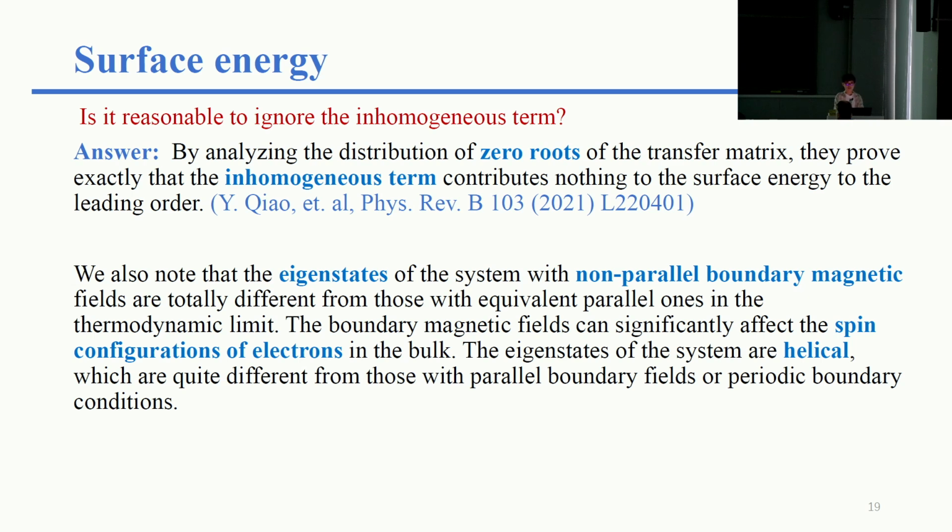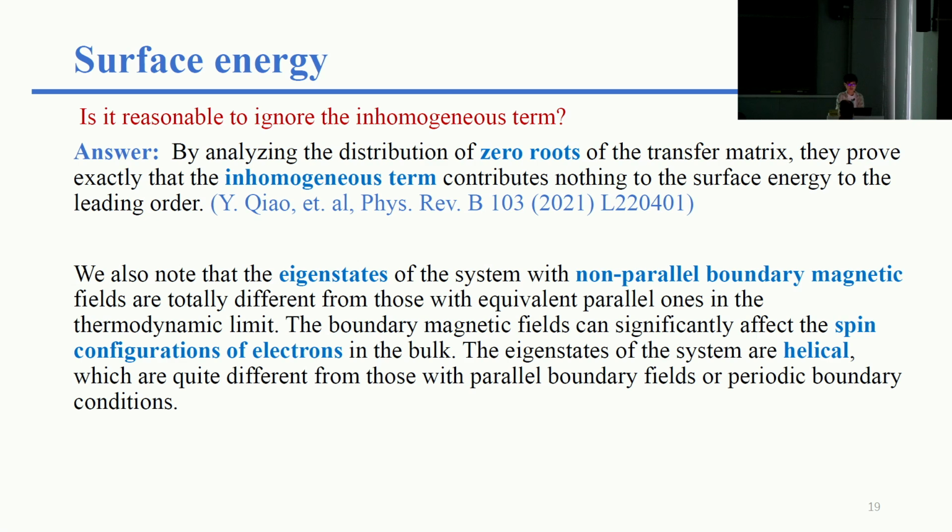And there is another question here. Is it really reasonable to ignore the inhomogeneous terms? Because we are just based on the DMRG results, we don't talk much about it. Here there is another paper analyzing the distribution of the zero roots of the transfer matrix. The transfer matrix is connected with the Bethe ansatz method.